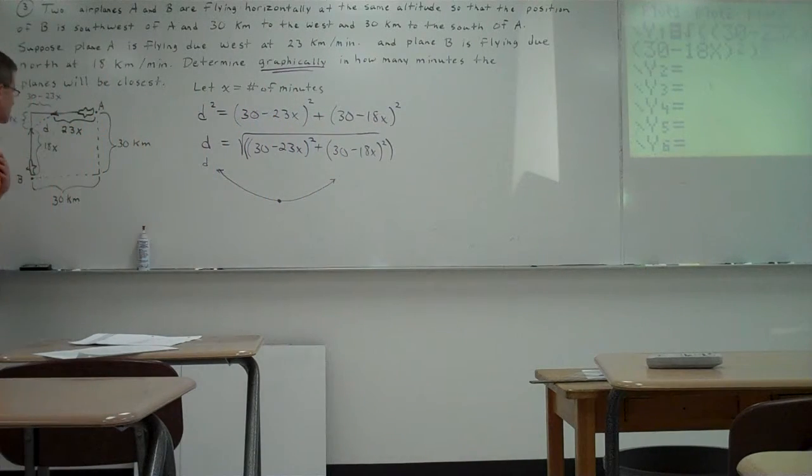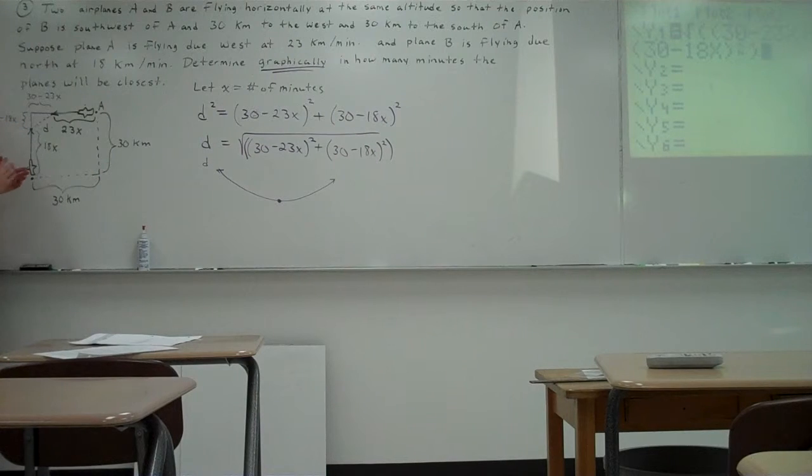Let's think about how far this plane is going to fly in 1 minute. It's going 23 kilometers per minute, so it's going to go 23 kilometers, isn't it? How about in 2 minutes, how far is it going to fly? 46 kilometers. And this is only 30 kilometers to start. So the plane will already be past this point after 2 minutes.